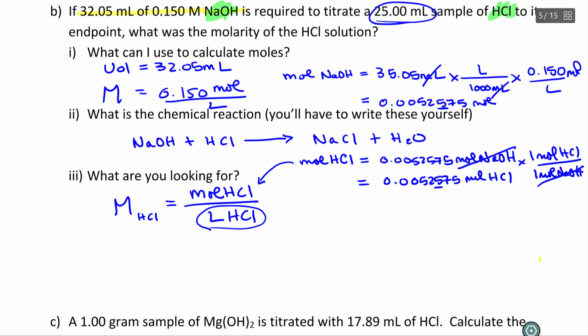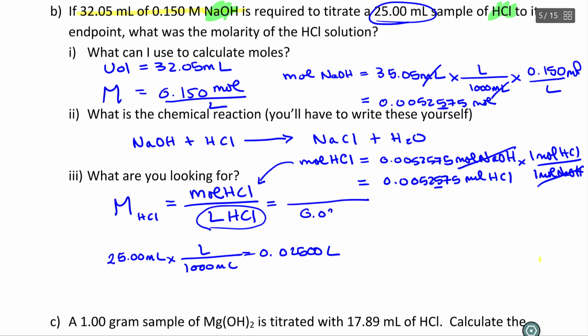So that's 25 milliliters. Now it's 25.00 mLs, and this needs to be liters, right? So it's 1,000 milliliters in a liter. That becomes 0.02500 liters. And then I'm going to write 0.02500 liters and 0.00525575 moles of HCl, like that.